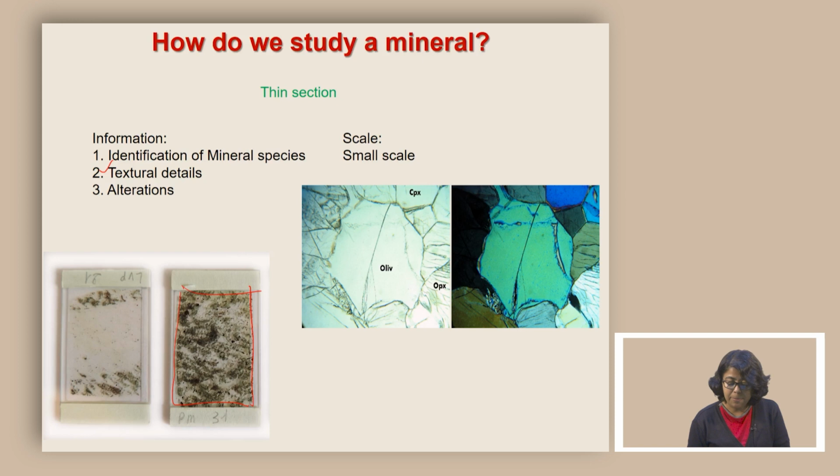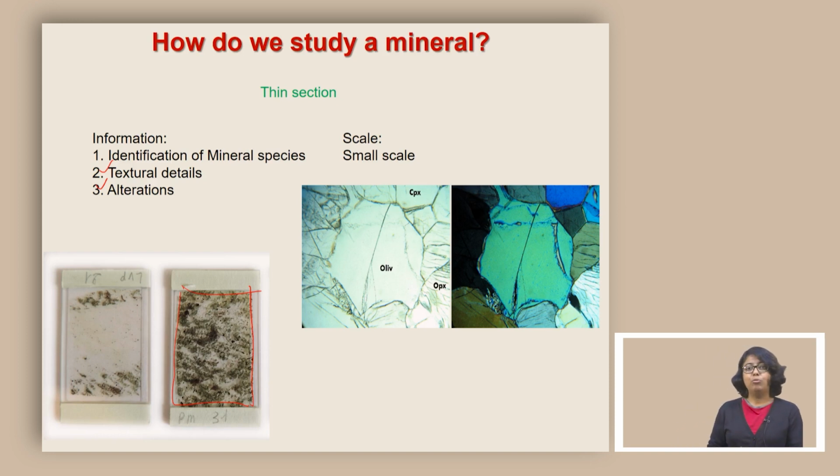For example, the minerals that are around this particular olivine, when did they form, how did they form, all this information is possible to extract from studying thin sections, because it tells us the relative arrangement and placement of the minerals. It also tells us something about alteration, that is, subsequent to the mineral formation, what changes took place.